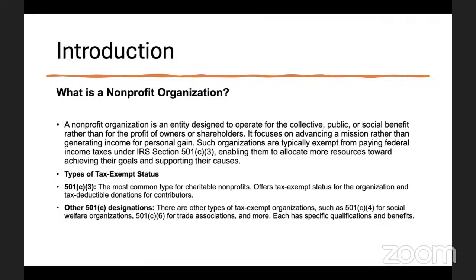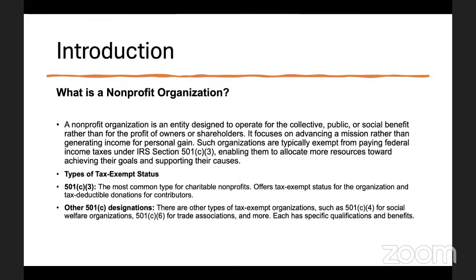Such organizations are typically exempt from paying federal income taxes under the IRS Section 501(c)(3), enabling them to allocate more resources towards achieving their goals and supporting their causes. Just to talk about the types of tax exemption status, we have two under that law.